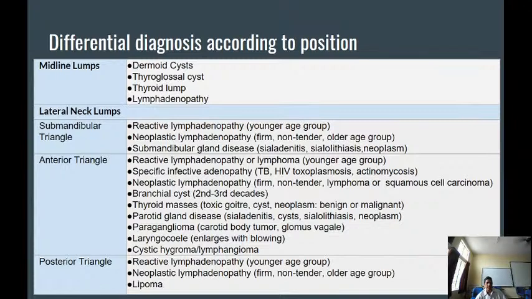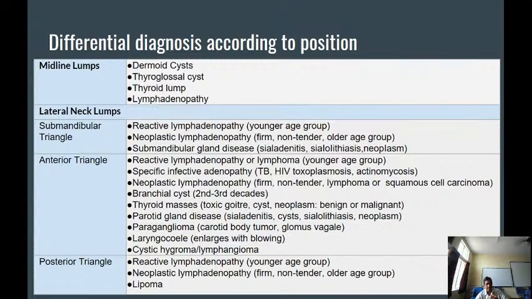And then in the submandibular triangle, you have mostly the lymph nodes, along with the submandibular salivary gland. Then you have in the anterior triangle the lymph nodes again. Then you have the branchial cysts, which arise there, which are a little lateral.